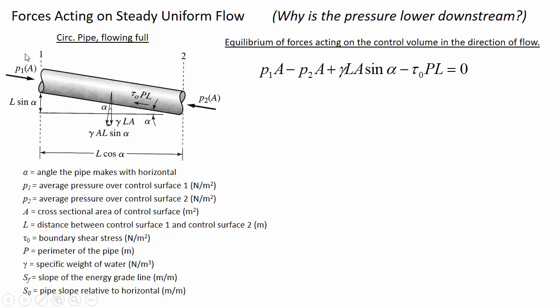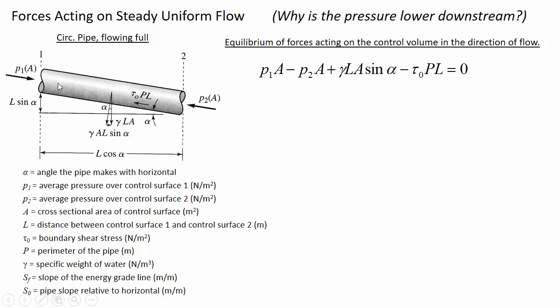Remember that if we cut a pipe and we just look at the fluid that is within a control volume, then even if the water continues on the other side of the control surface, we treat it as though it's an external force, and so P1 times the cross-sectional area is like a force that's pushing this element of water to the right. So just to clarify, what we're looking at isn't the pipe. It's the water inside the pipe.